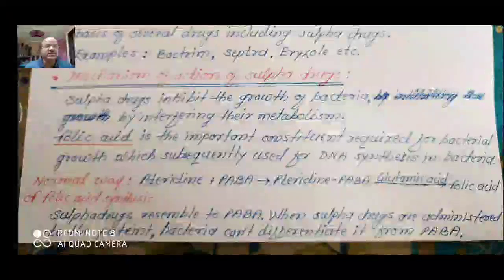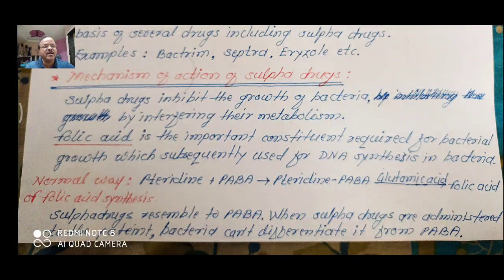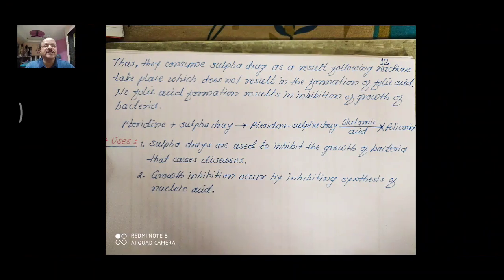As there is no synthesis of folic acid, DNA synthesis will be affected in bacteria, and this is how the growth of the bacteria is inhibited. So that is the mechanism of the sulfa drugs.